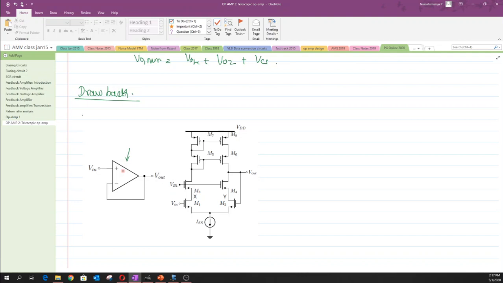Okay. And now in the place of this op-amp, we are trying to replace it with this telescopic configuration. Now when we have this telescopic configuration, the structure would look something like this. The realization of this symbolic representation in terms of transistors could be shown something like this here. Okay, this is the transistor level realization of the same structure that is given here.